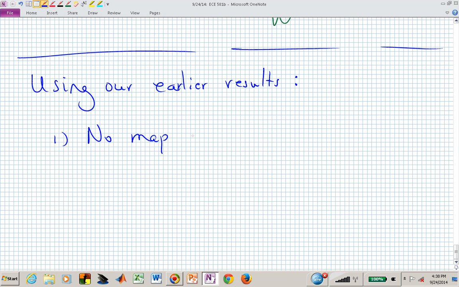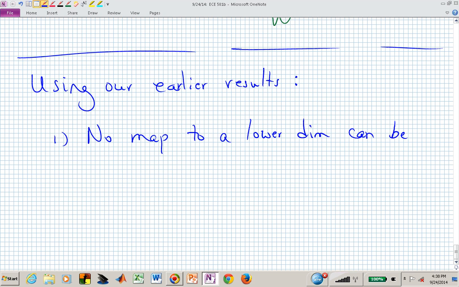No map to a lower dimension can be injective or surjective. If we go from a domain of dimension 5 to a codomain of dimension 3, what do we know about that map?